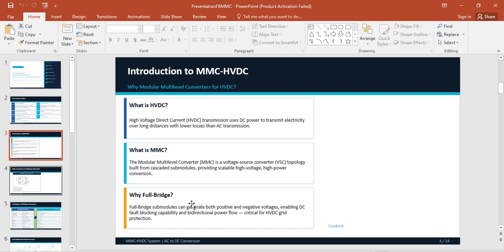Whereas in the full bridge submodule we have four different switches and the capacitor is connected in between them in such a way that it can generate positive voltage, zero voltage and negative voltage, whereas the half bridge submodule can only generate positive voltage and zero voltage. There is no reversal of voltage due to the fewer switches in the half bridge submodule.